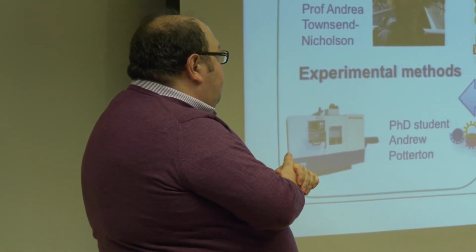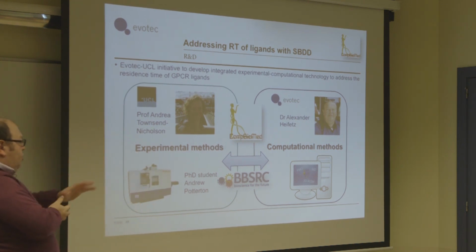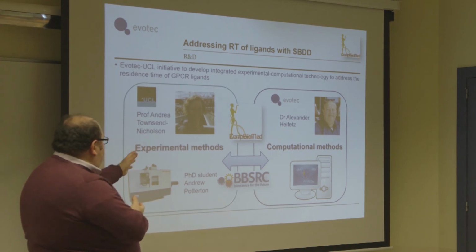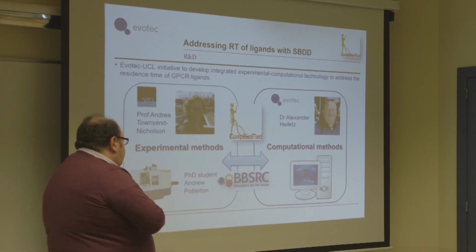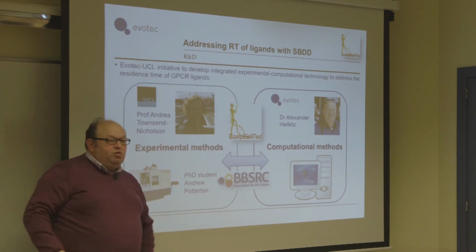We are working supported by ComputerAided and BBSRC, where I'm trying to provide the computational methods, and Andreas' group works on experimental methods. We have a shared student, which is a very experimental studentship. Usually you had computational chemists and experimentalists, and Andrew is kind of a hybrid. He knows both sides. He worked in the lab and also on the computer, which is amazing.